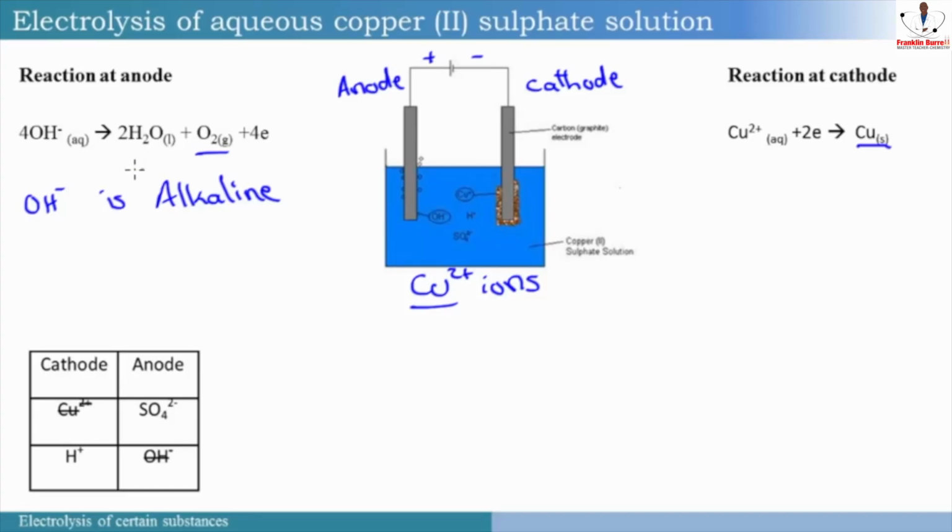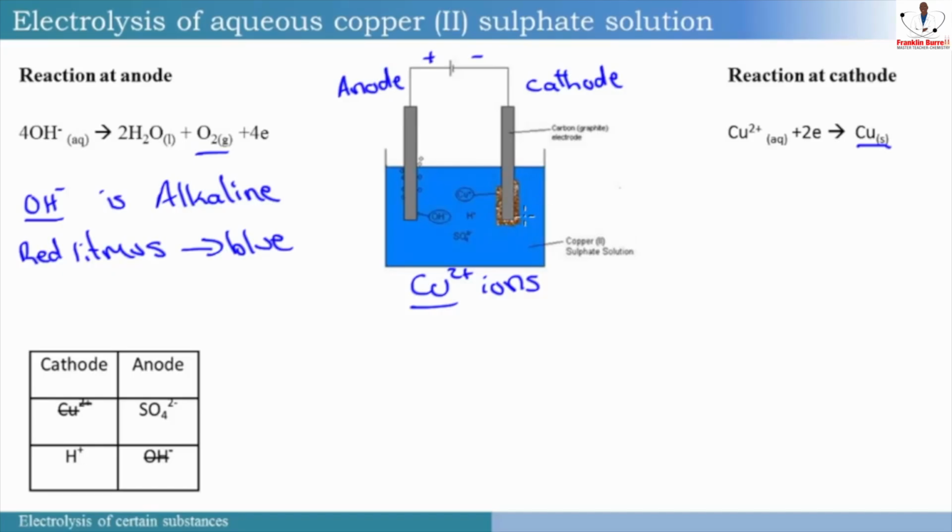Because OH- is alkaline, we can use a red litmus to test for the presence of OH- ions at the anode. Now, alkaline or base turns red litmus blue. So if this is alkaline, your red litmus should turn blue.